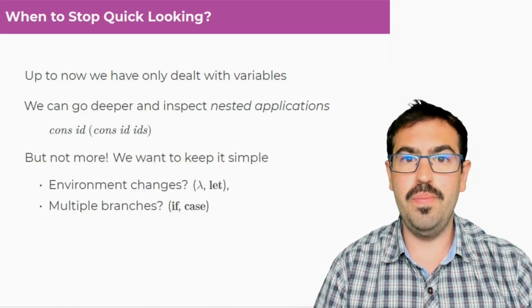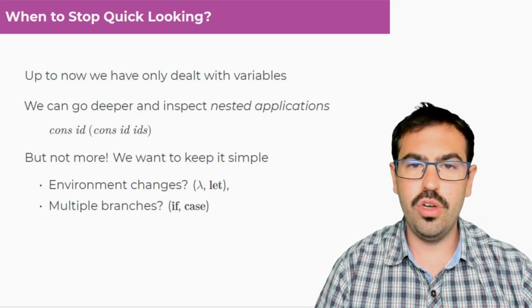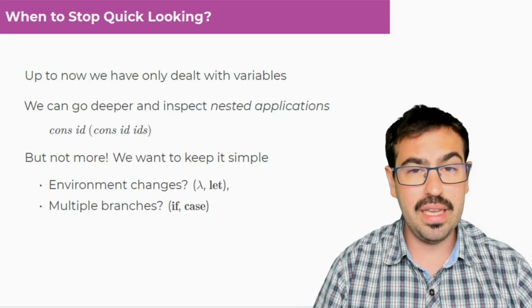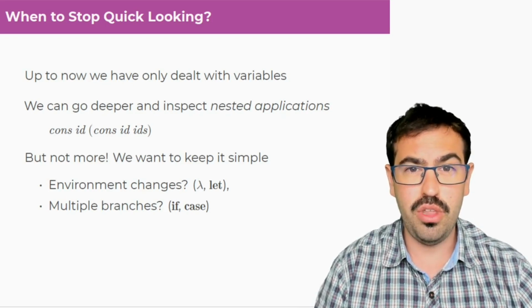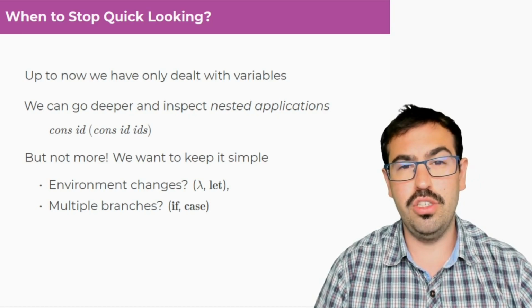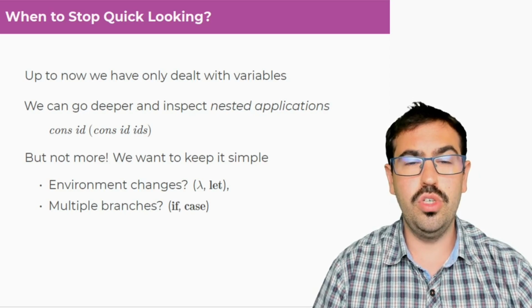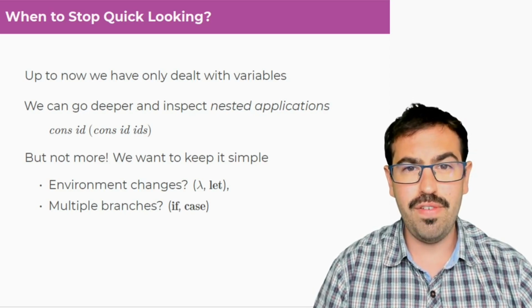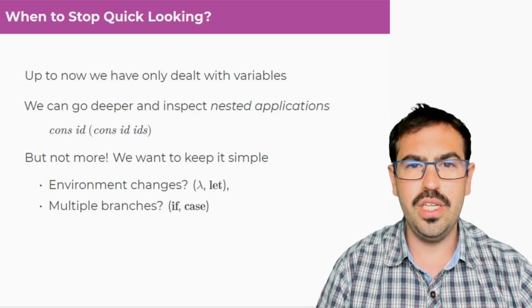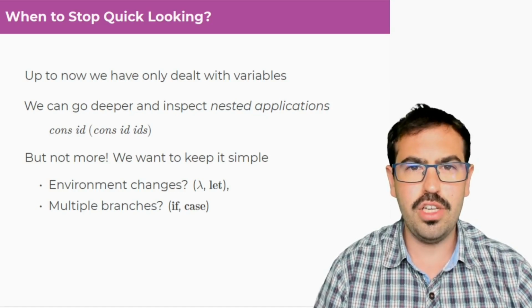We really want to keep this simple. We don't want to go into environmental changes, so we don't inspect lambdas, we don't inspect lets, because these introduce new things into the environments. And we don't try to inspect things with multiple branches, like ifs or pattern matching, because this will imply that we need to not only unify things in a simple way, we would also need to consider the cases in which these two branches don't have a similar type.